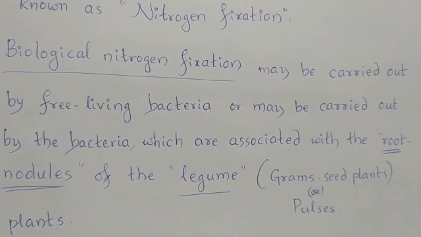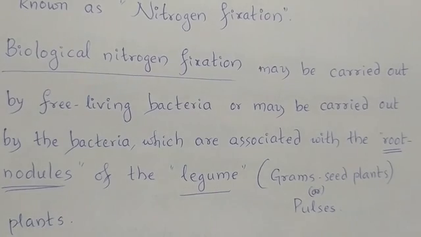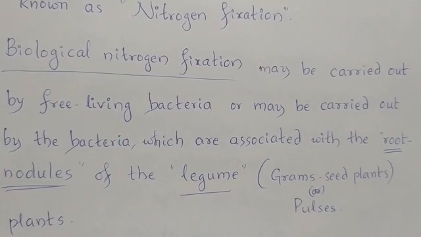And there are some free living bacteria. They do not associate with any higher plants or any other living structure. They live freely within the soil. They also convert the molecular nitrogen into nitrates and nitrites. An example of a root associated bacterium that fixes nitrogen is Rhizobium.